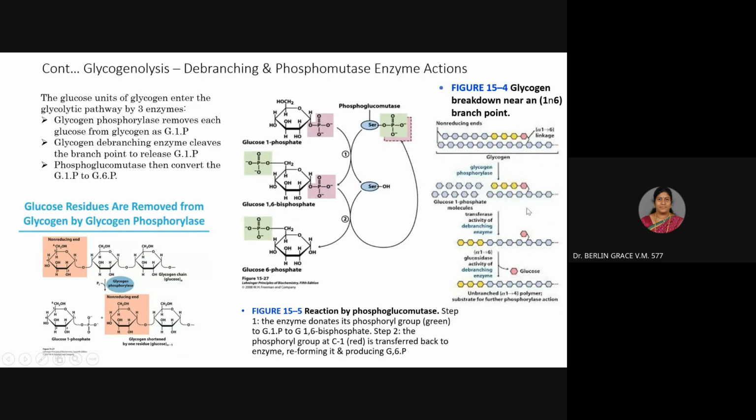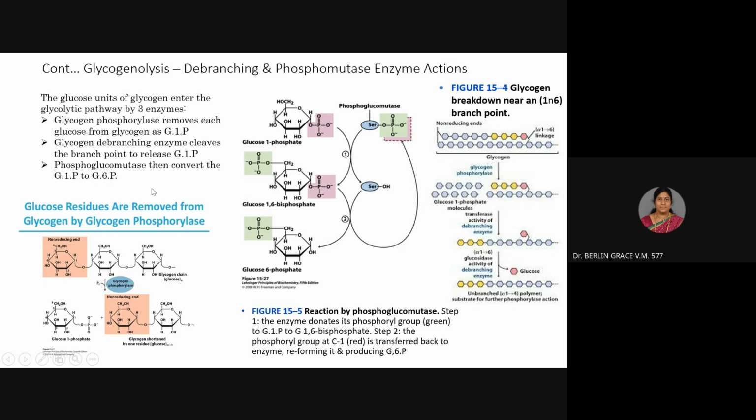So we have two sets of enzymes. One set is just debranching this linkage, the debranching enzyme. Then after debranching, one by one, the glucose will be removed from the glycogen in the form of glucose 1-phosphate by the respective enzyme. And then the glycogen debranching enzyme cleaves the branch point to release glucose 1-phosphate.